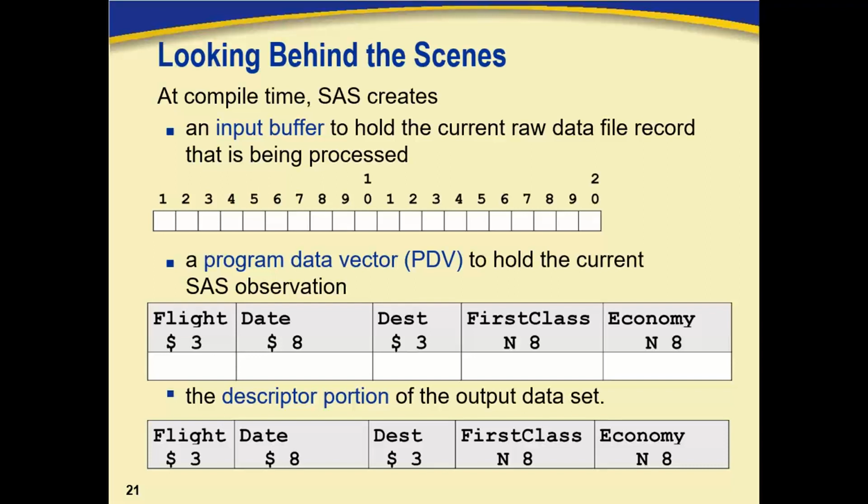So the first thing is the input buffer. Whatever raw data you have in the file will be stored in the input buffer in the back end. Only raw data is stored there.